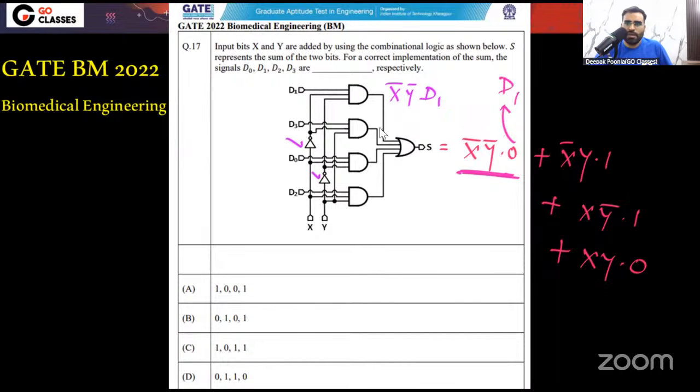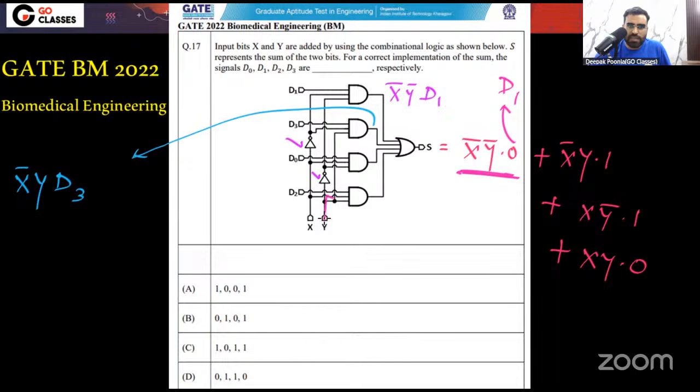Next you can notice, what about this AND gate? Here what is the output? Here the output is x bar, y and d3.